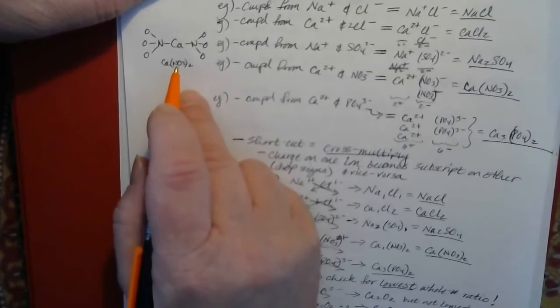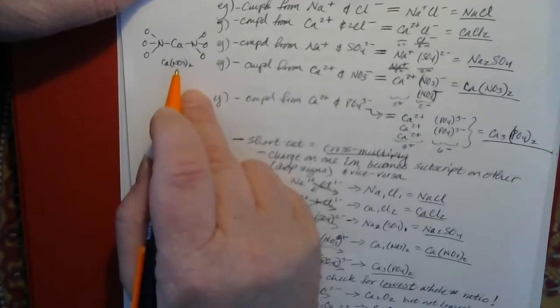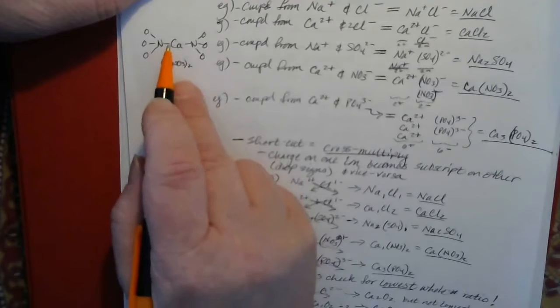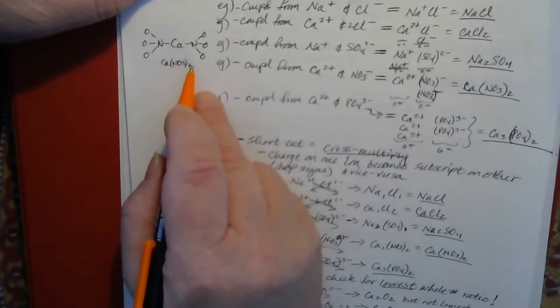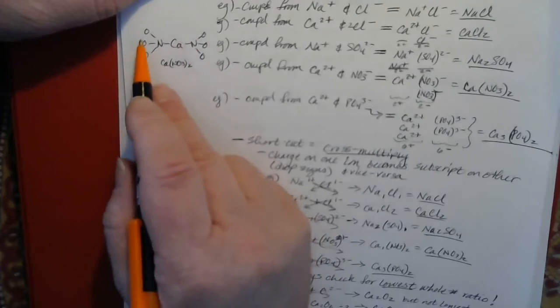So the number of nitrogen atoms would be 1. The 1 is understood here. You don't normally write the 1, but 1 times 2. So there should be 2 nitrogen atoms in this compound, and sure enough, there are. For oxygen, it should be 3 times 2, or 6. And sure enough, 1, 2, 3, 4, 5, 6. So that's how you'd find out how many atoms there are in the compound.